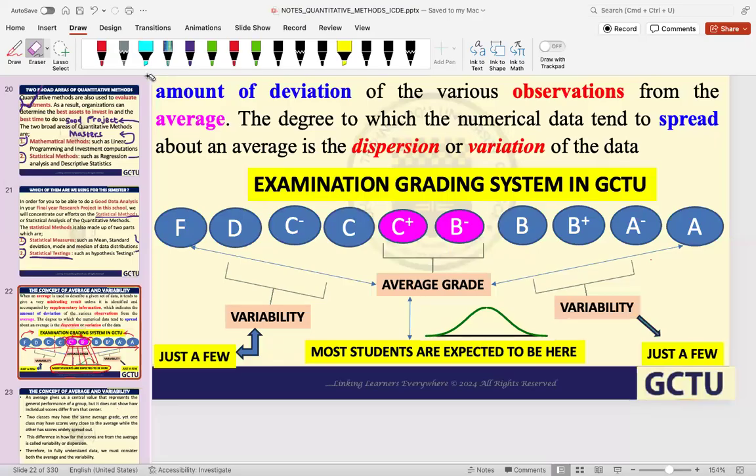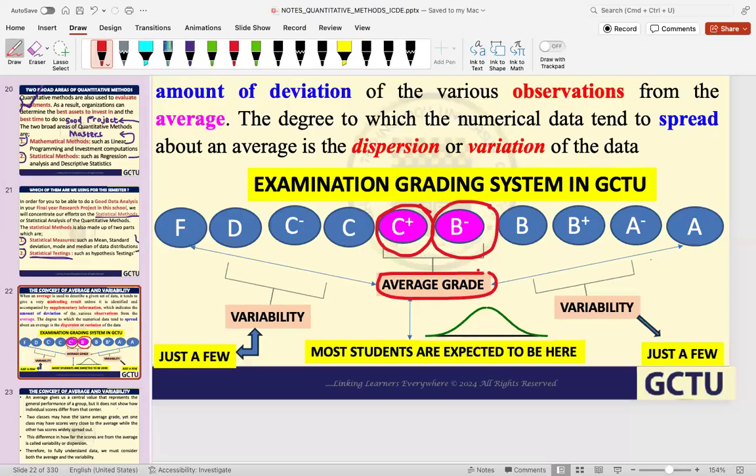So for instance, if I'm to use this one also as an organization, maybe probably all the junior staffs have been given this target to meet. And then all the senior staff have also been given this target to meet. And it is fair because these two places are forming the average range.